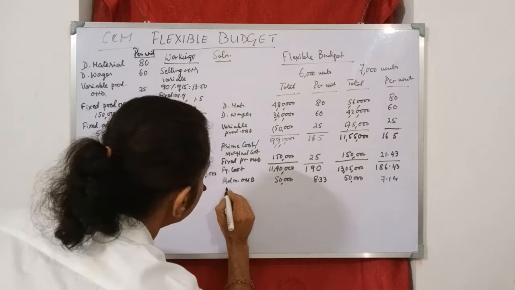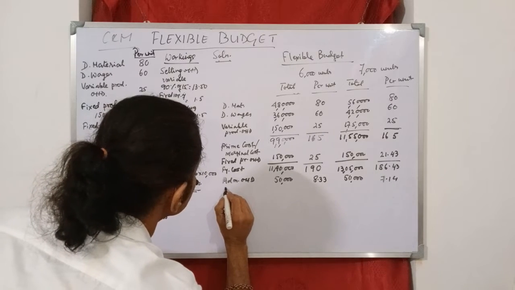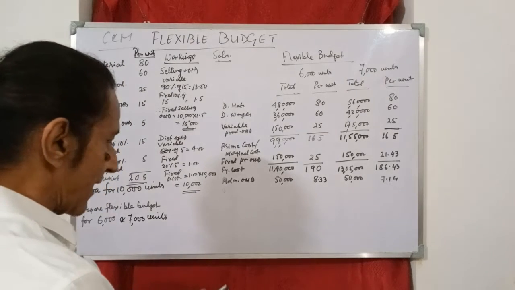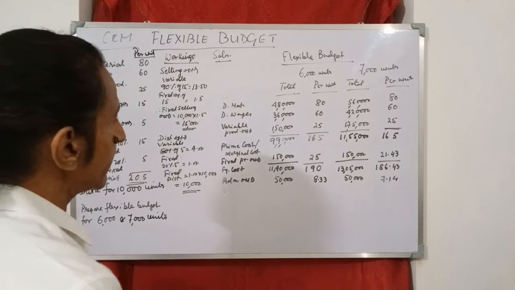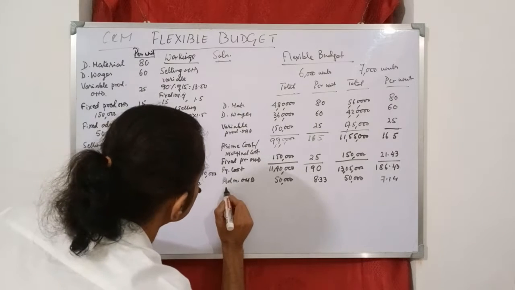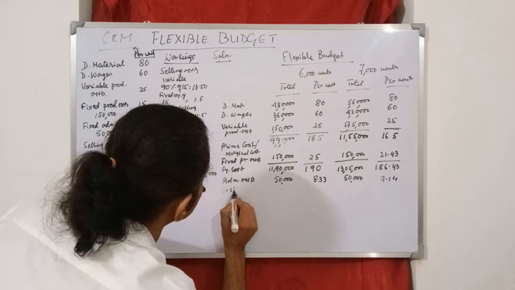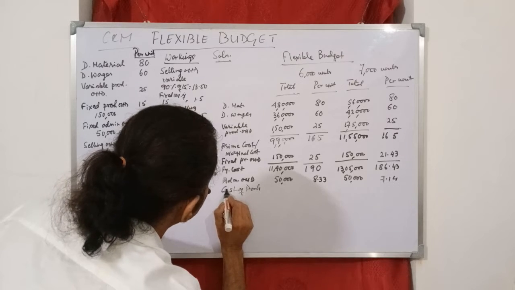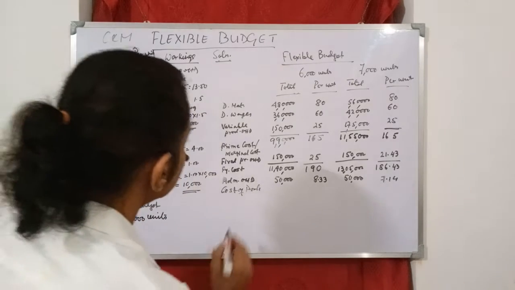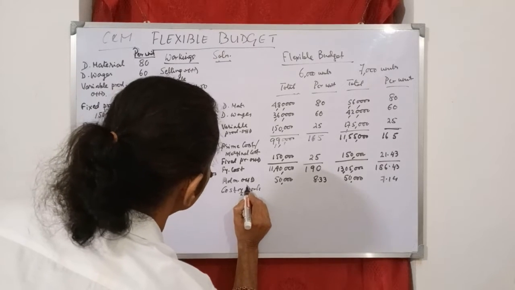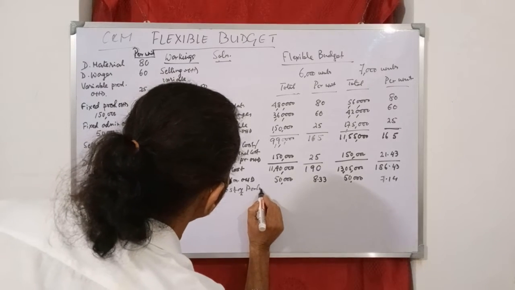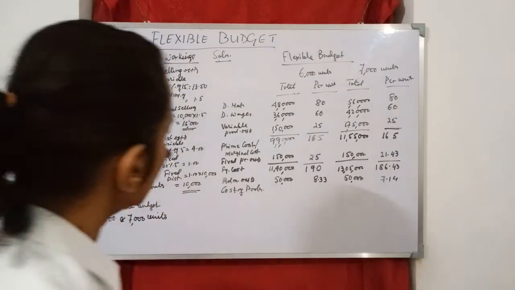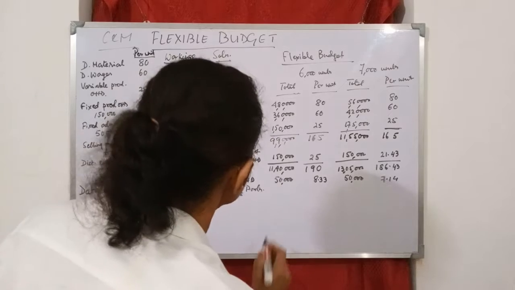So we get cost of production. When administrative overhead is added with factory cost or manufacturing cost, then we get cost of production.